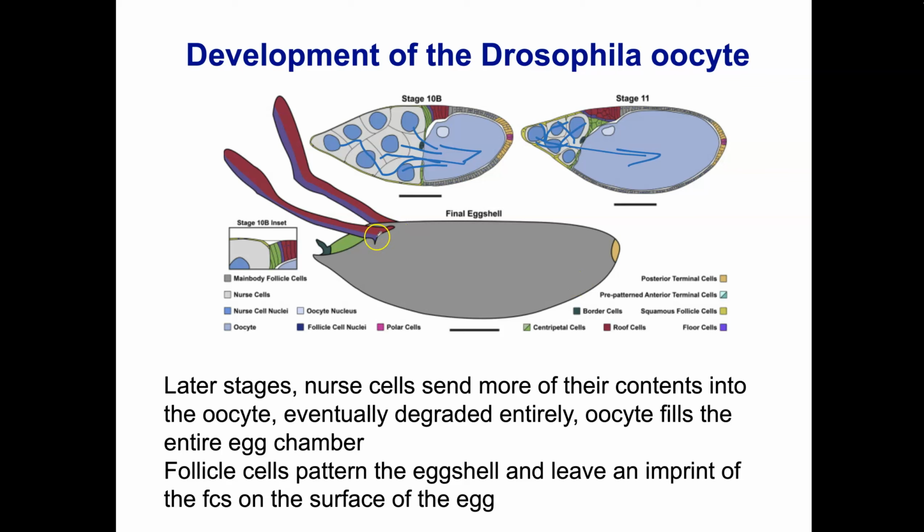You have developed an eggshell, which is the gray on the outside. The follicle cells have basically disintegrated, but they have left behind an imprint on that eggshell, and they have developed the micropyle at the anterior end, and they have anterior versus posterior, dorsal versus ventral.